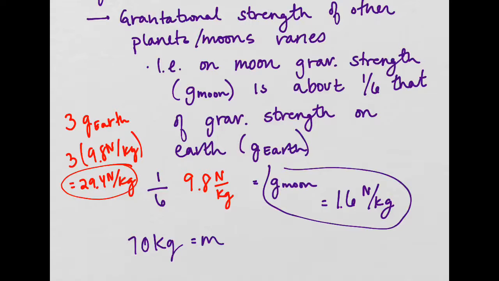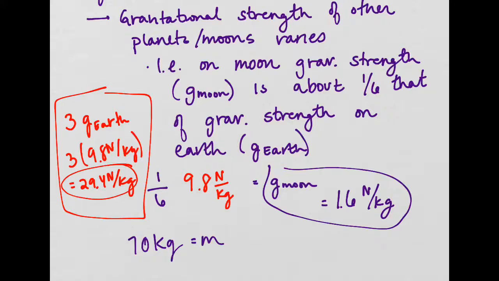And then the problem will say something like, calculate the weight of the boy on this planet, or whatever I said. I think I said Saturn, right? So calculate the weight. You need to understand how you can solve for different gravitational strengths based on a word problem, like I've said.